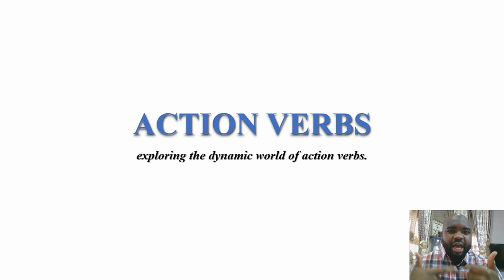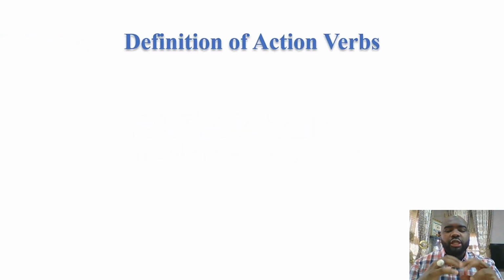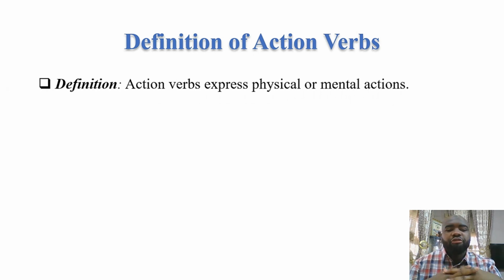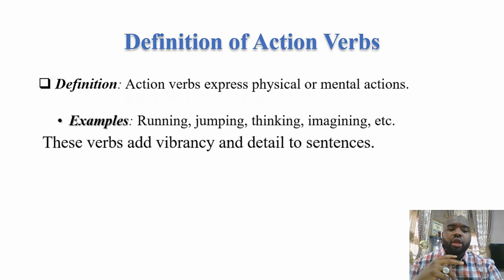I'm performing an action. So now in this aspect, what are the things we are going to look at in action verb? We're going to define action verbs. What are they? Action verbs express physical or mental actions. All right, examples like running, jumping, thinking.